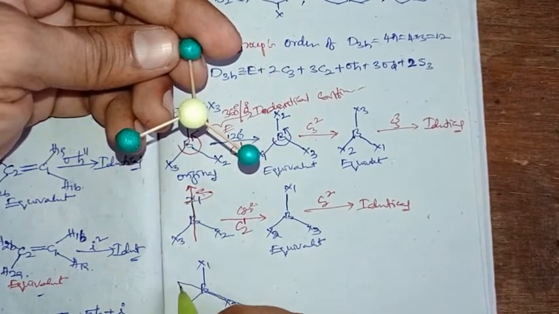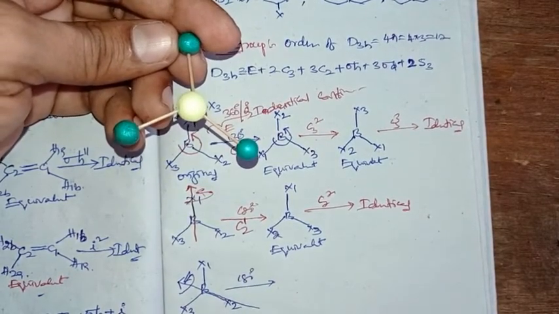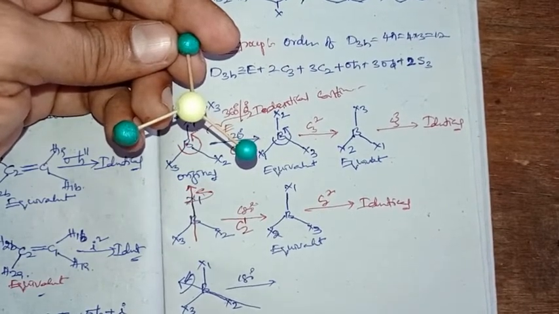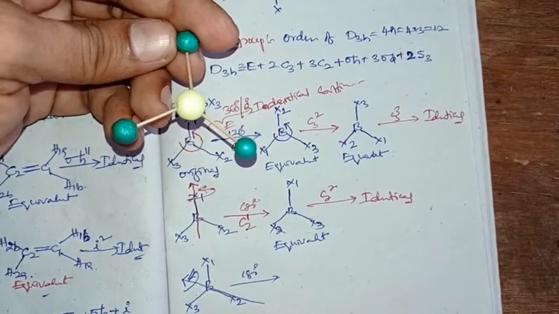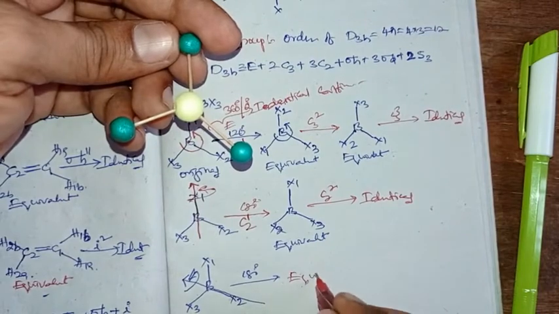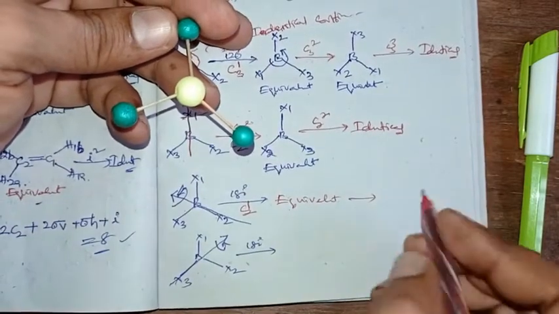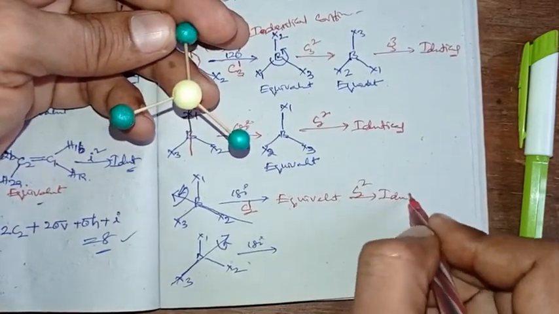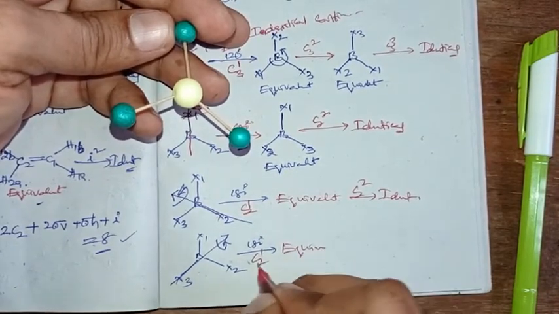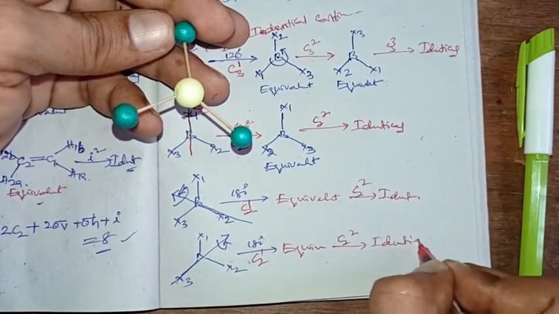When we take an axis along the boron-X3 bond and do a 180 degree rotation, it also generates an equivalent configuration. So there is another two-fold rotational axis, and doing it a second time generates an identical configuration.